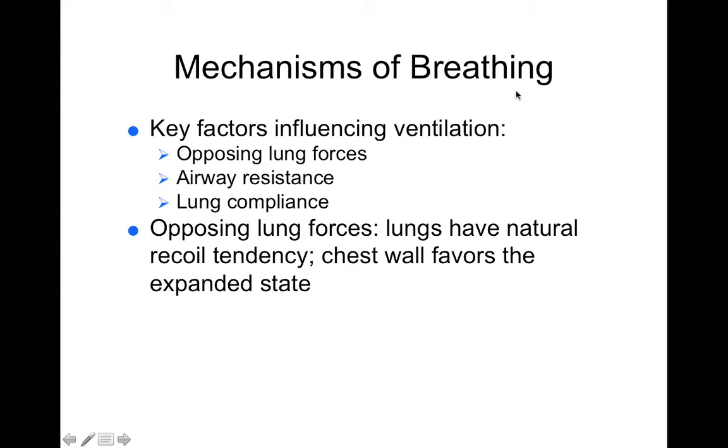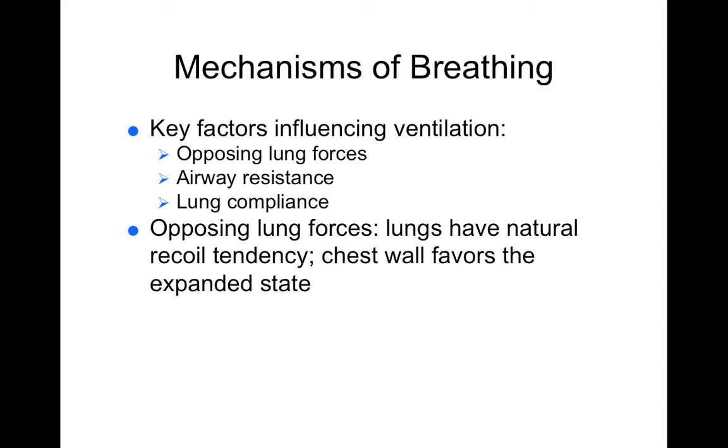Now, in terms of the mechanisms of breathing or ventilation, you guys, it requires these different forces here. First of all, we have opposing lung forces because our lung has a lot of elastic tissue. So the tendency for our lung then is to recoil to a resting shape. But what opposes that elasticity of the lung is the fact that lungs are anchored to a pleural membrane. And the pleural membrane or serous membrane around your lungs anchors your lungs to the inner thoracic wall, and it helps keep those lungs inflated, right?